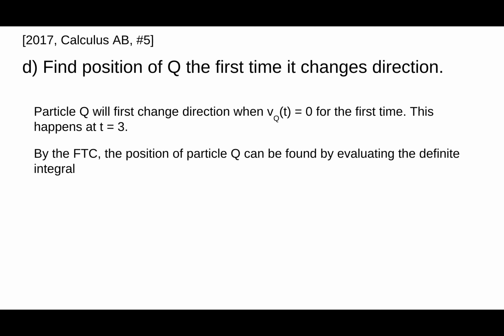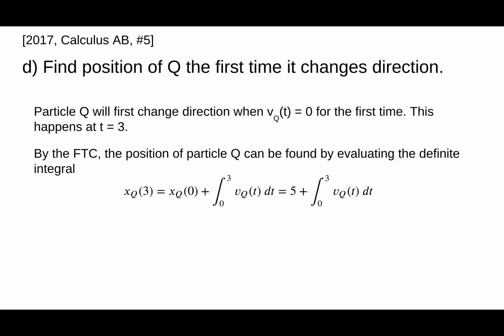Right? By the fundamental theorem of calculus, we can use the position of particle q somewhere else in this time interval and definite integration to figure out the position of the particle at t equals 3.